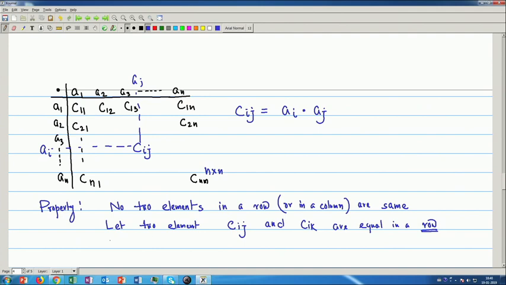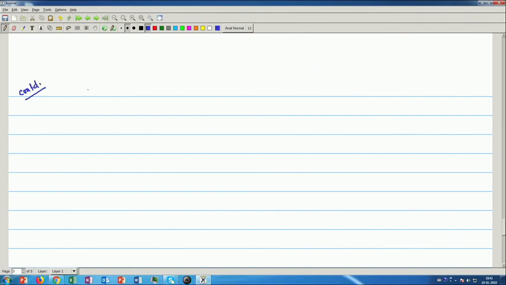Now, Cij is Ai dot Aj and Cik is Ai dot Ak. If we assume that Cij and Cik are the same, then Ai dot Aj is Ai dot Ak.